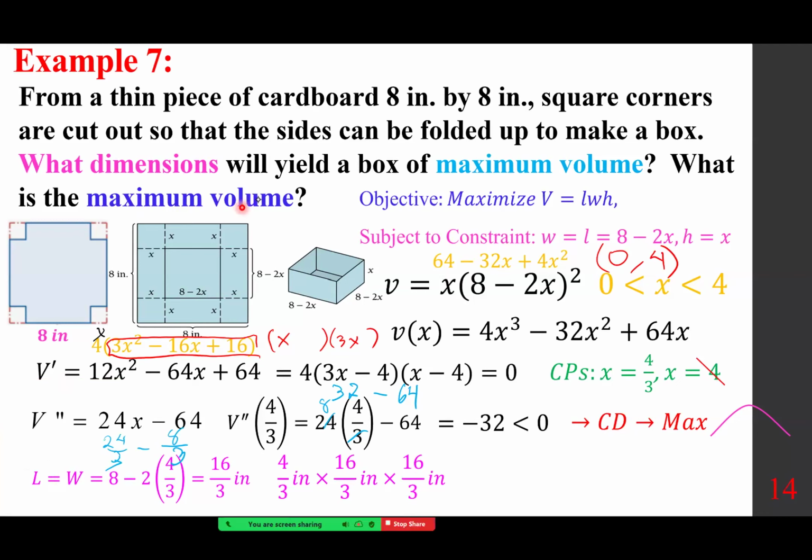What is the maximum volume? Multiply them through, you get 1024 over 27, or 37 and 25 over 27 cubic inches. Word problems always put the proper units, everybody.